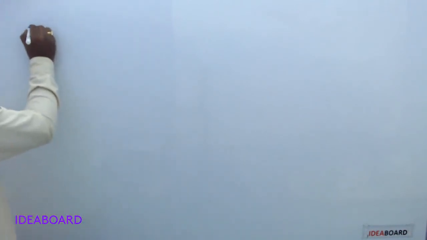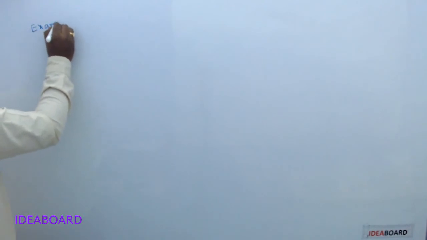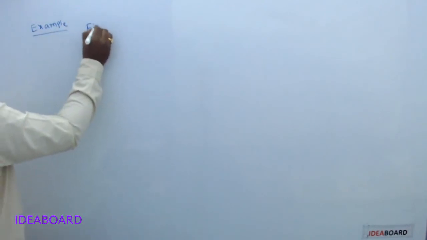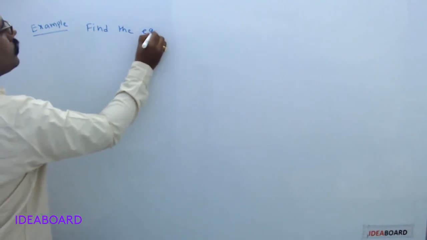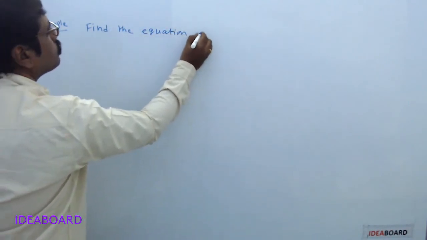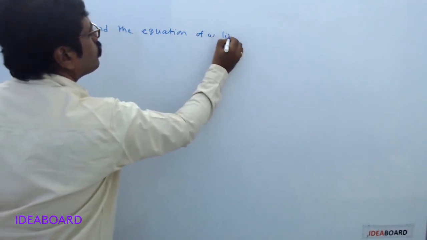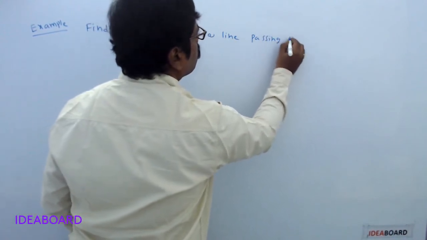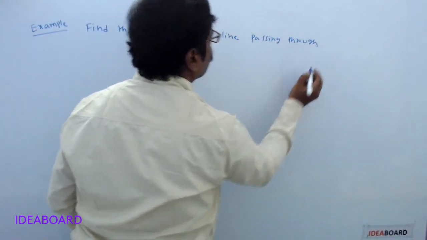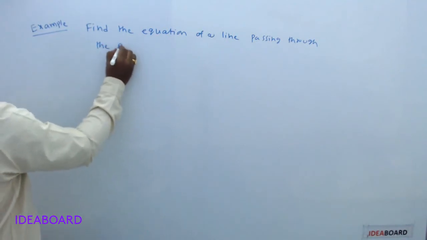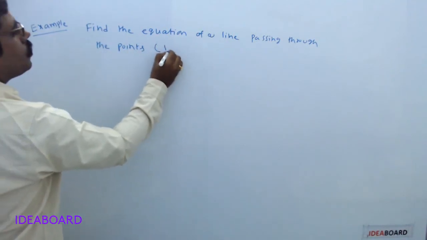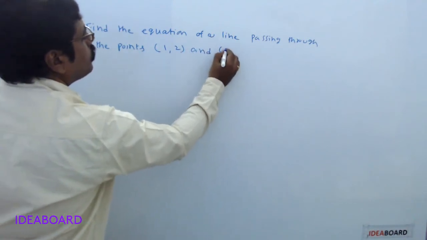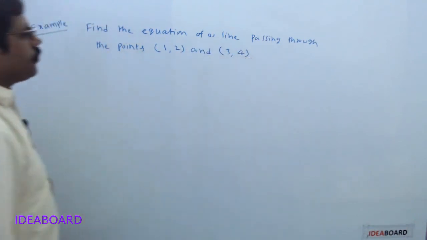Now see an example related to two-point form. Find the equation of a line passing through the points (1, 2) and (3, 4).